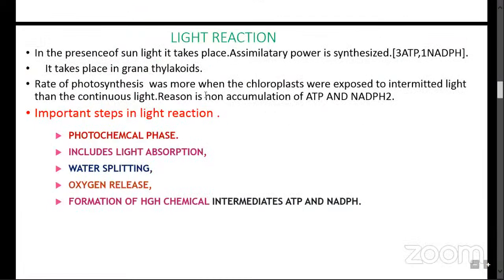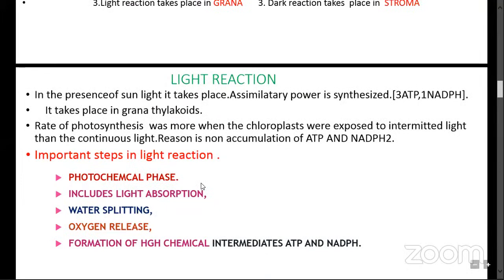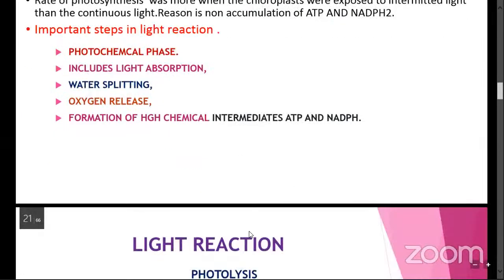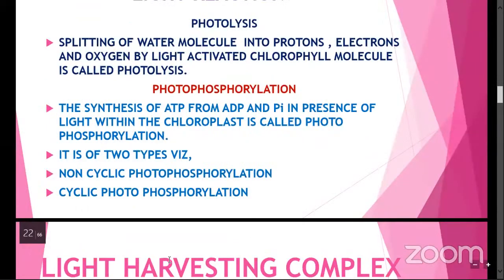During this light reaction, the assimilatory power is utilized. What is assimilatory power? 3 ATP molecules with 1 NADPH. During this light phase, ATP molecules and NADPH are synthesized.